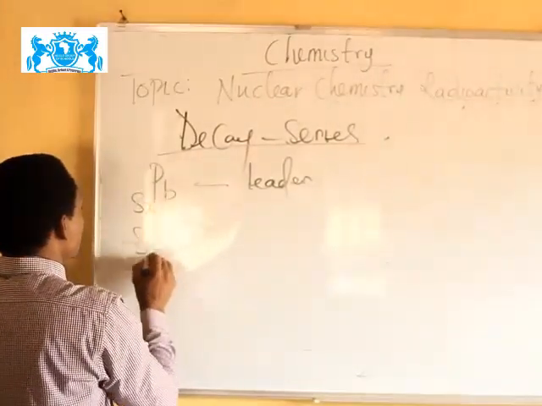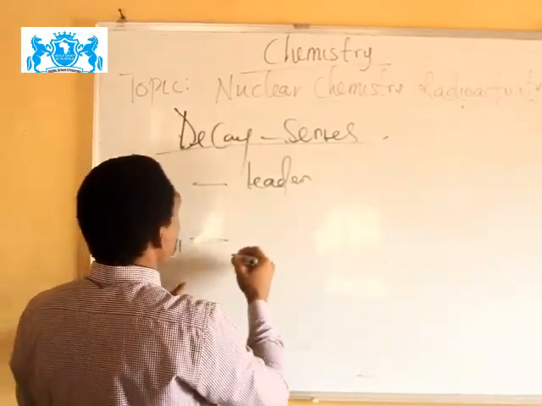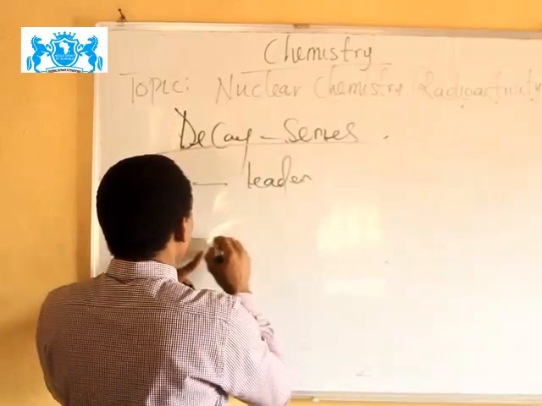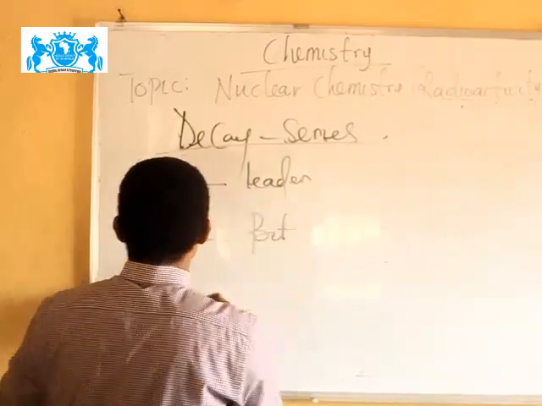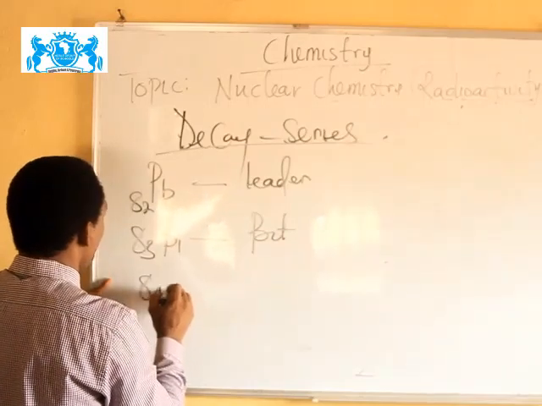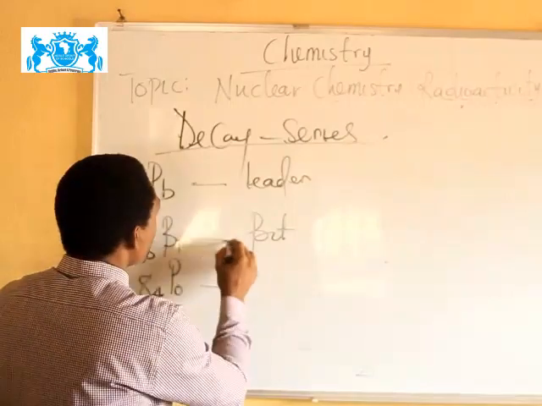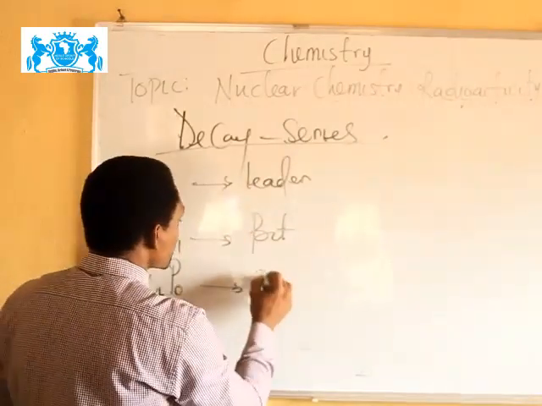The next radioactive element is bismuth. Leaders, I use the word beats. The next, which is 84, polonium. Leaders beats, I use the word politicians.